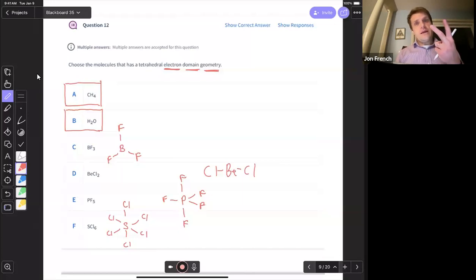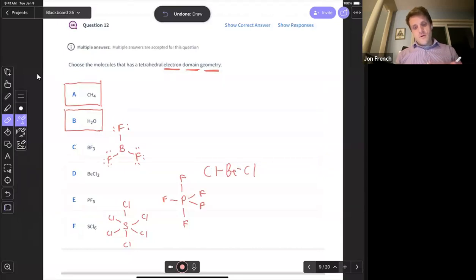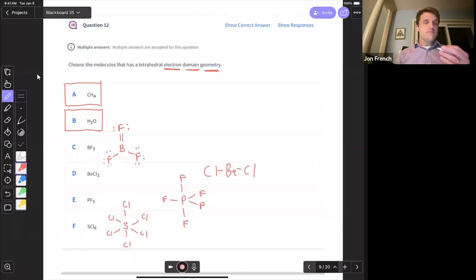There are 2 exceptions to the octet rule on the low side. Hydrogen will never have more than 2 electrons in its outer shell. Boron will never have more than 6 electrons in its outer shell. If we tried to fill the octet of boron, all of these fluorines have 6 valence electrons. If I dumped 2 of these electrons down to fill the octet of fluorine, that would form a fluorine-boron double bond.